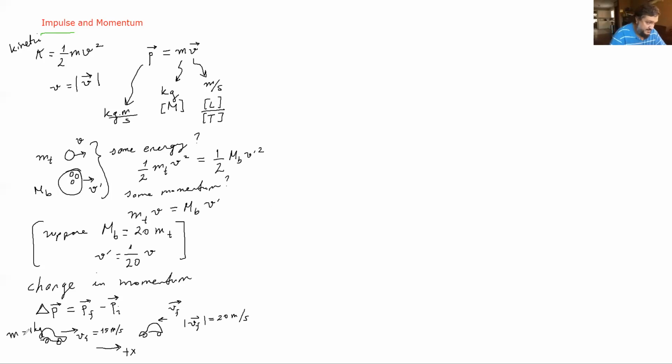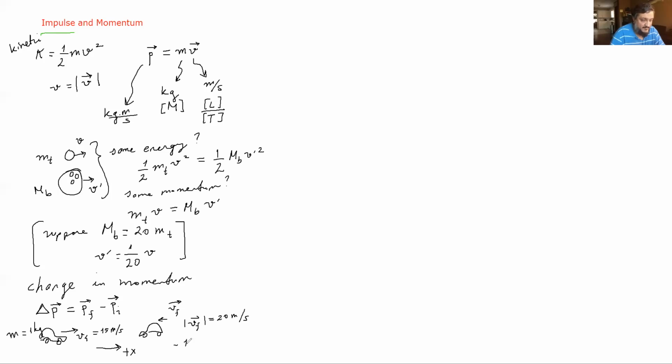Here's how you do it the correct way. If the car is moving in the opposite direction, it's a negative velocity, okay? The x component is negative. Therefore, the momentum is also negative.